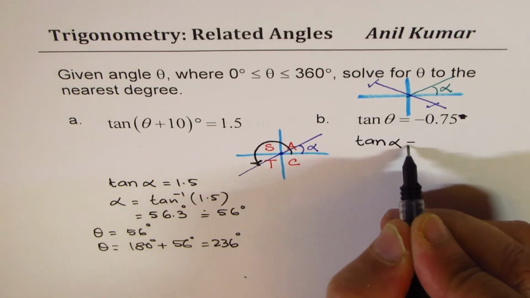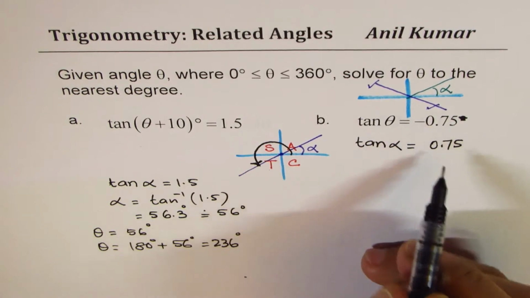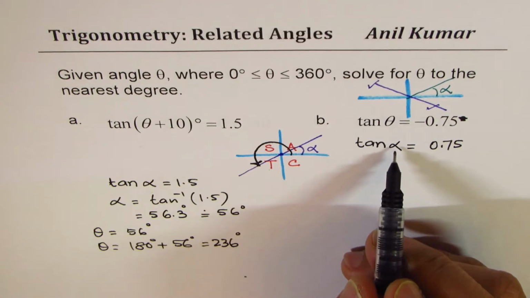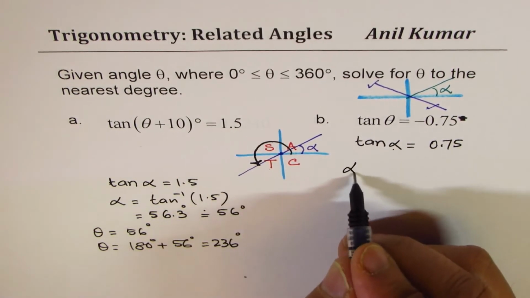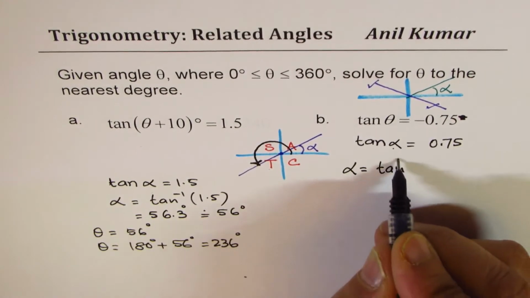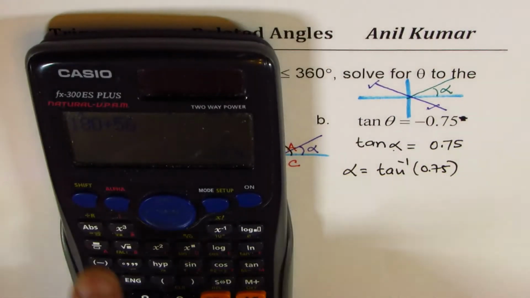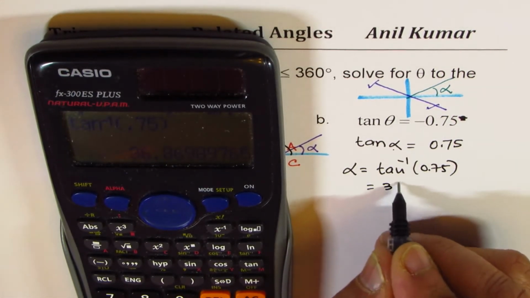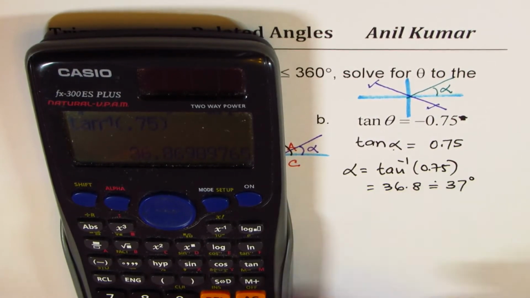So first I'll change my question, write tan alpha as 0.5. Note that I'm taking positive value, right? I'm not giving you the value of theta as the answer. I'm finding related acute angle alpha. So what is alpha equal to? Alpha will be tan inverse of 0.5. Let's use the calculator. Find inverse tan of 0.5. That gives us 26.6, which can be rounded to 27 degrees, correct?